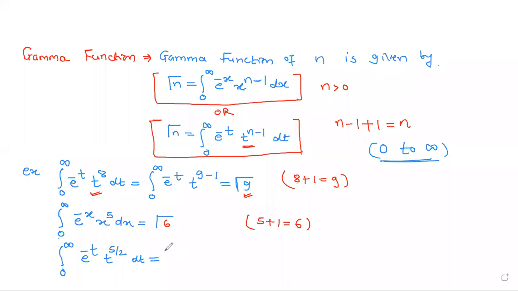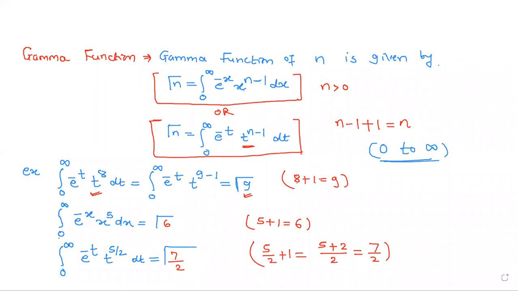Then to write the gamma function, the t power is 5 by 2. So in that 5 by 2, just add plus one. The LCM is 2, so 5 plus 1 into 2 is 2, that is equal to 7 by 2. So gamma 7 by 2.